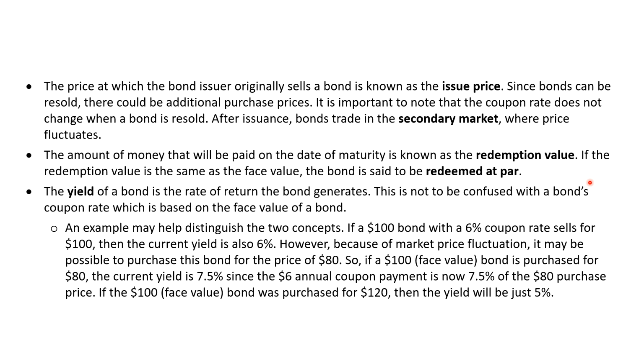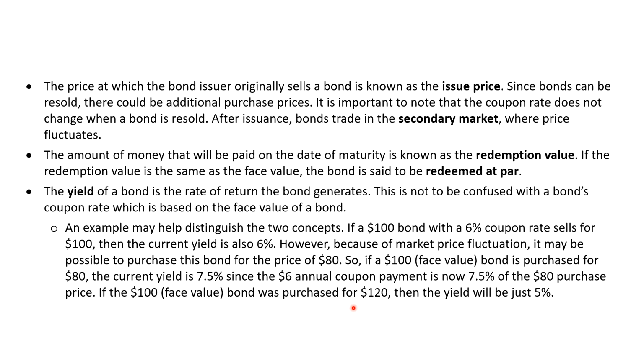That might be because interest rates have gone up, and so in order to keep pace with the interest rates, whoever owned this bond and wants to sell it is forced to sell it at a lower price. If a $100 face value bond is purchased for $80, the current yield is now 7.5%, since the $6 annual coupon payment, 6% of 100, is now 7.5% of $80, the secondary purchase price.